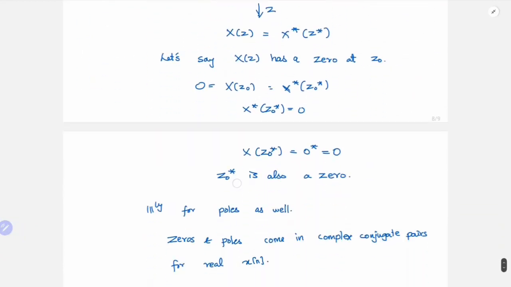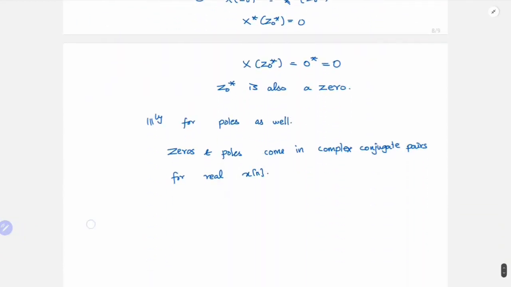So the next property will be the convolution property.